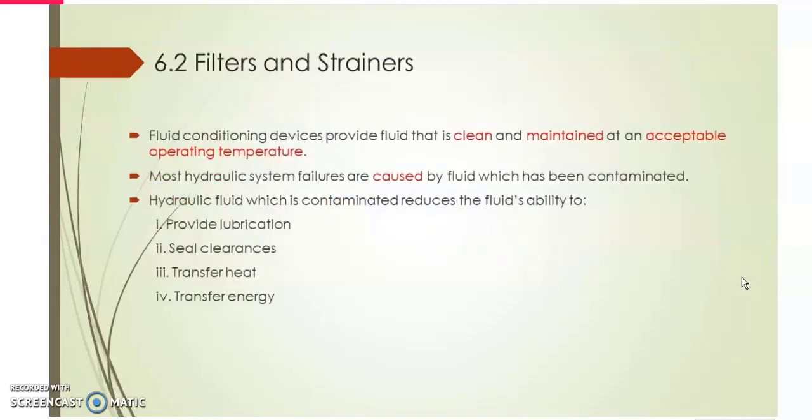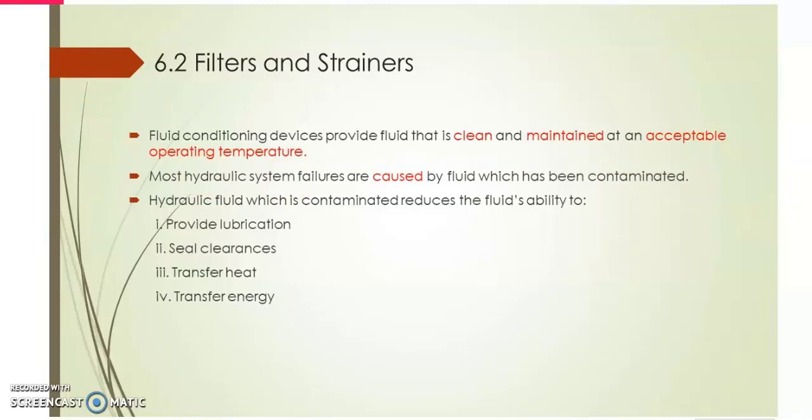Next is the filters and strainers. Fluid conditioning devices provide fluid that is clean and maintained at an acceptable operating temperature. Most hydraulic system failures are caused by fluid which has been contaminated.